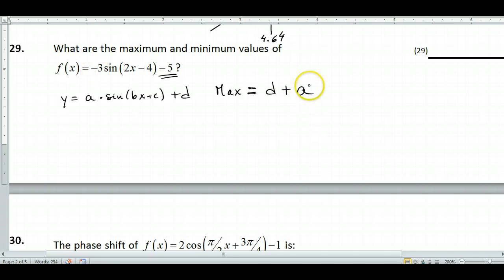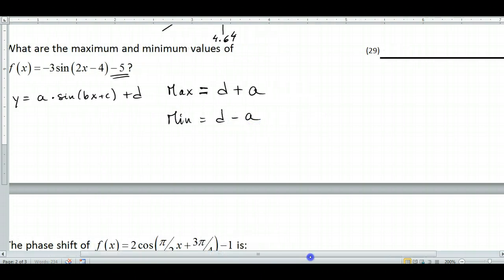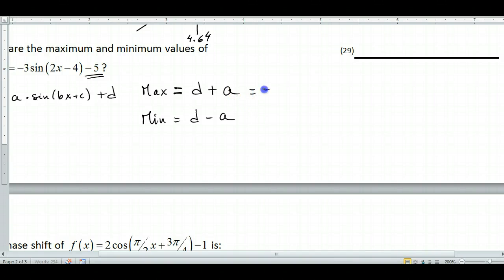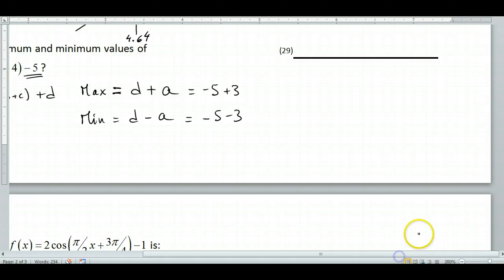So the middle line plus the amplitude is the max, and the minimum is the middle line minus the amplitude. So here it would be -5 plus 3, and here -5 minus 3. So max is -2. Don't forget to tell me if you're writing the max or the min.